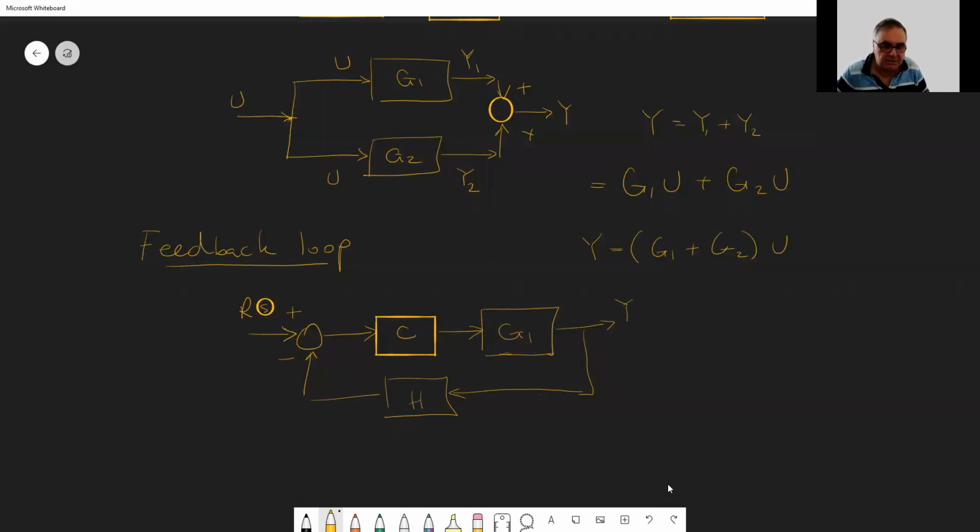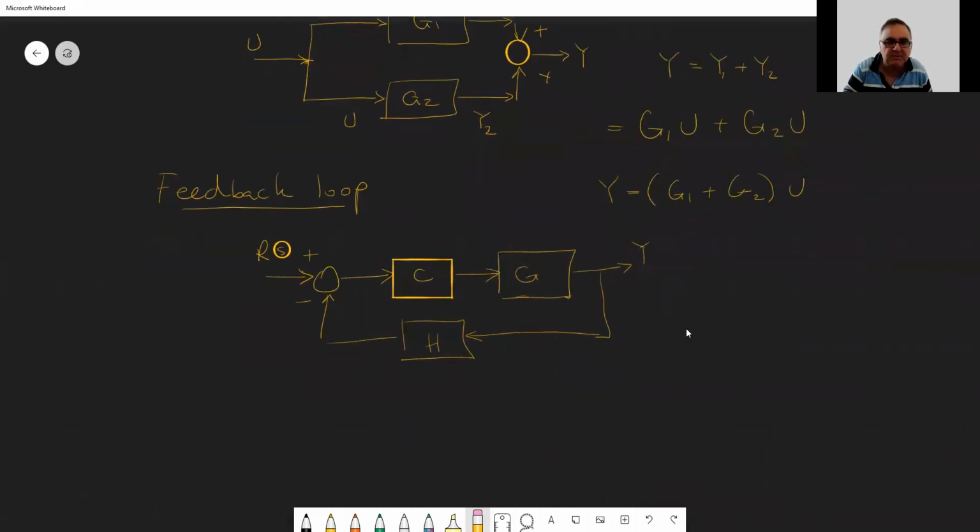This is H. So C is the controller. G is the plant, and H is the feedback transfer function, which we might call the sensor.